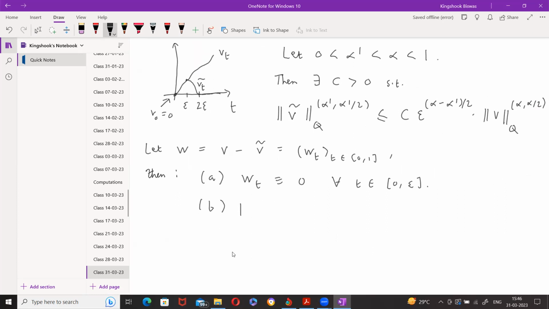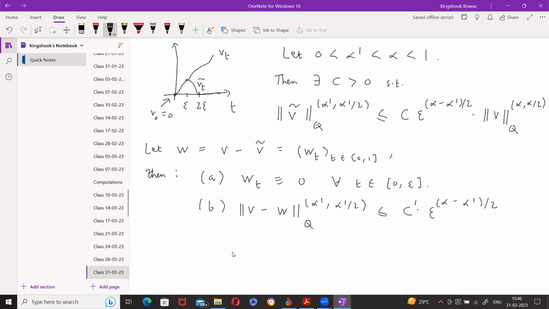The norm of V minus W in the alpha prime, alpha prime by 2 norm is less than a constant times epsilon to the power alpha minus alpha prime by 2, times this norm. So this norm is some constant, so let me make it some other constant, C prime, times this. Okay.